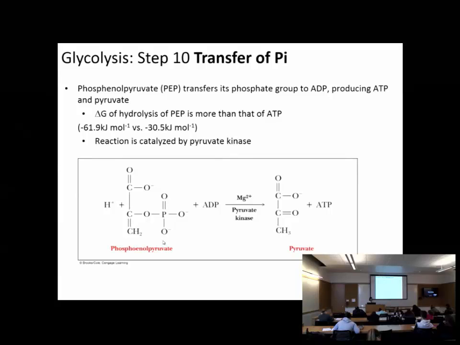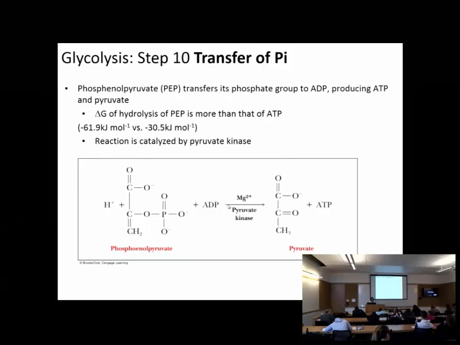So phosphate groups are transferred from molecules with a high phosphate group transfer potential to molecules with lower phosphate group transfer potentials. So we give off negative 61.9 kilojoules to take off this phosphate. We take up only 30.5 kilojoules per mole from ADP to ATP.